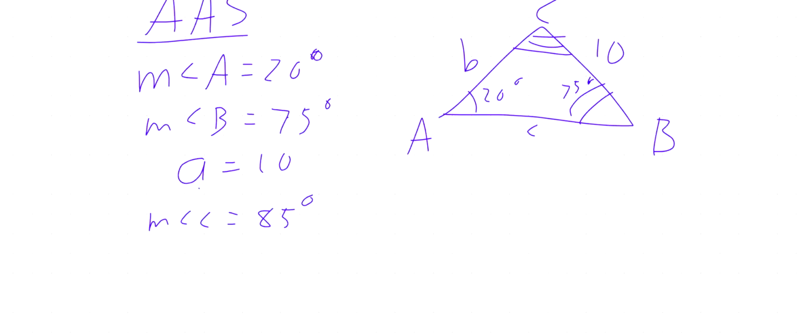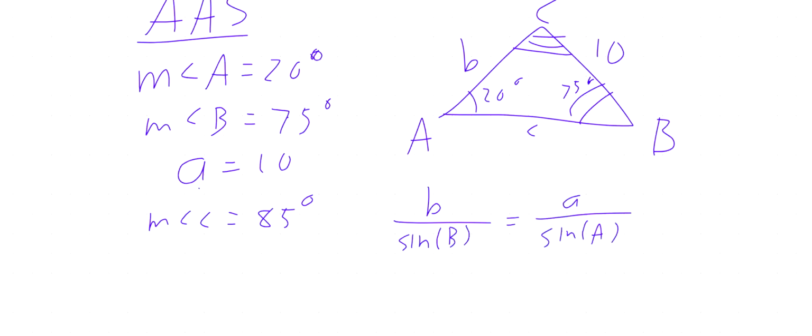Next up, we can now either find side B or side C. Let's do side B. If we are strategic, let's use this equation for our law of sines. It doesn't matter which one we use, but this one has our unknown on top.